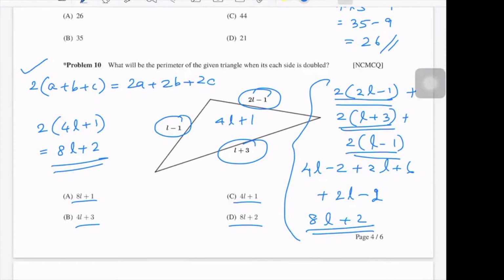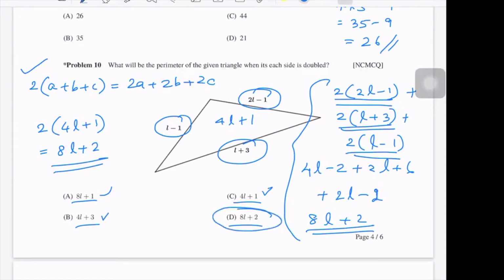Yeah, you basically eliminate. How? You are doubling the expression, so it has to be an even number. Ultimately, for any value of L, it has to be an even number. Now, when you look at the options, this is an odd number, this is an odd number, this is an odd number.